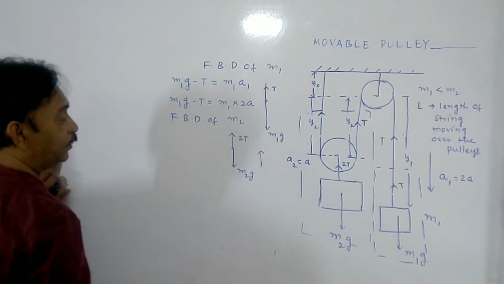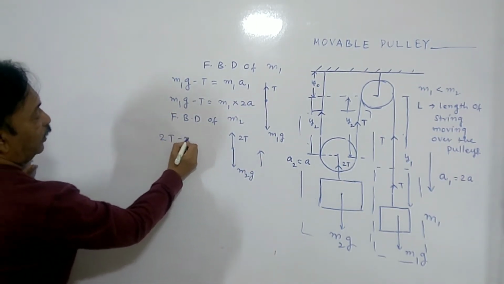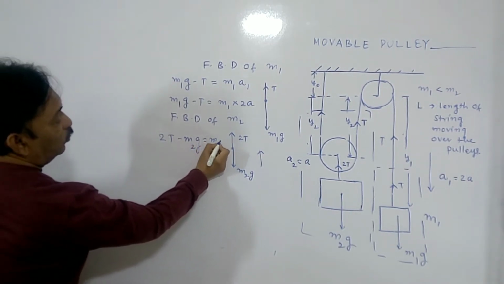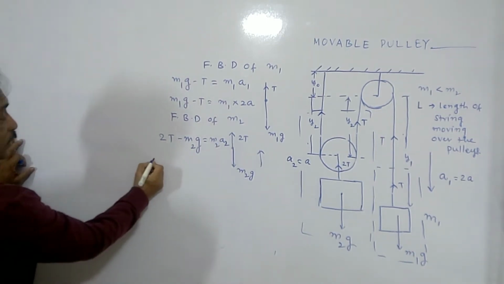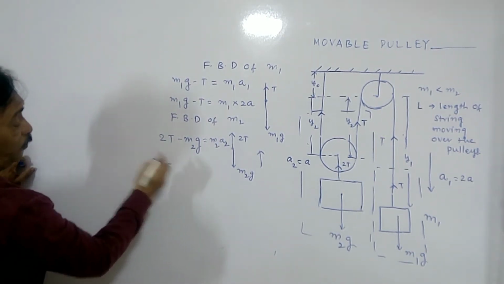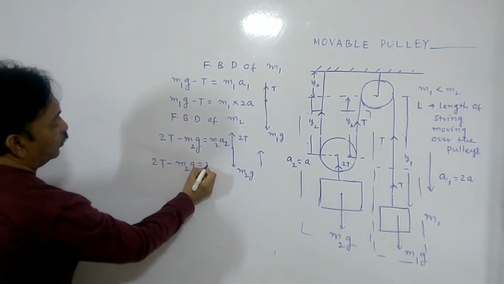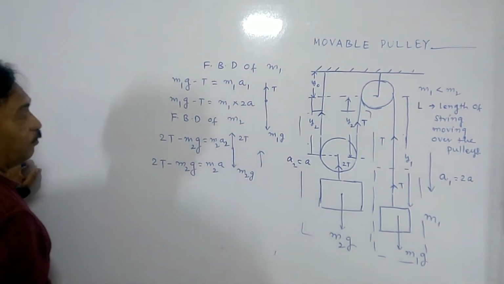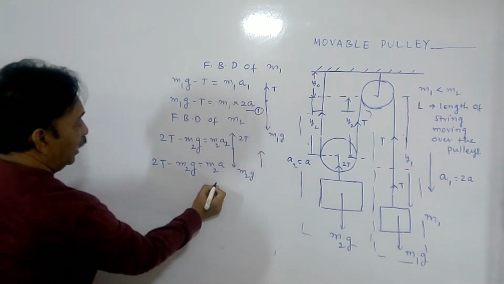Since it is moving up, 2T minus m2g is equal to m2a2. That is 2T minus m2g is equal to m2a, since a2 is equal to a. Okay, it is the equation 1 and it is the 2.